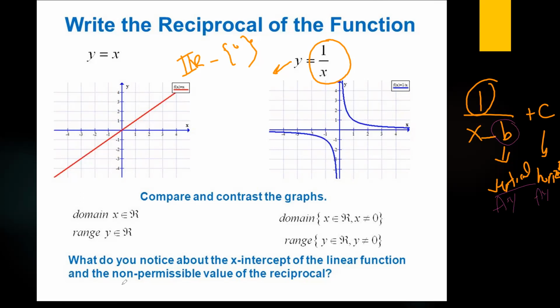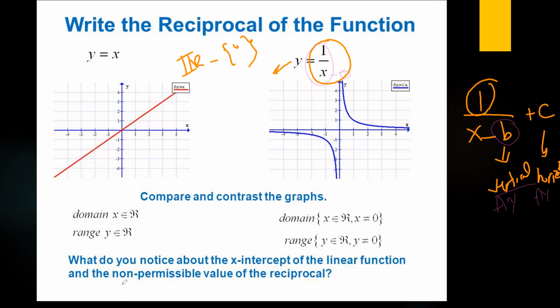So if you look at 1 over x here, where is the vertical asymptote? It's like 1 over x minus 0. So where is the vertical asymptote? At the y-axis, yes, at x equals 0.